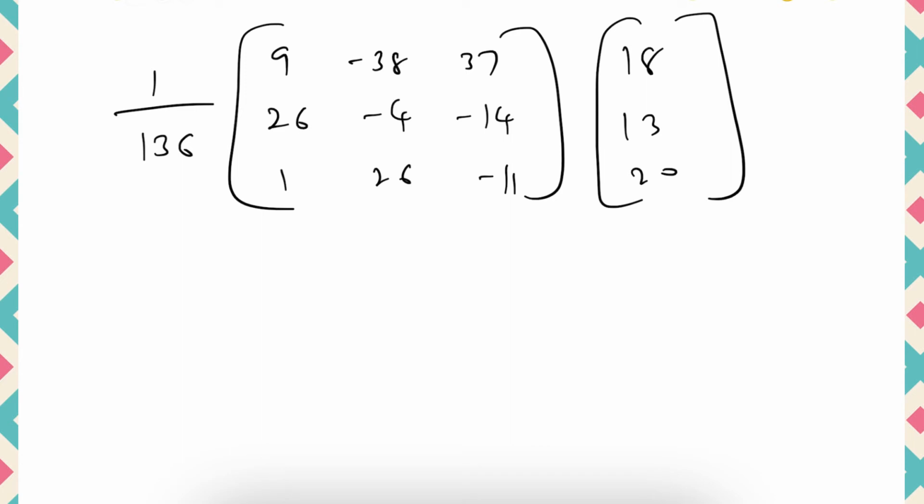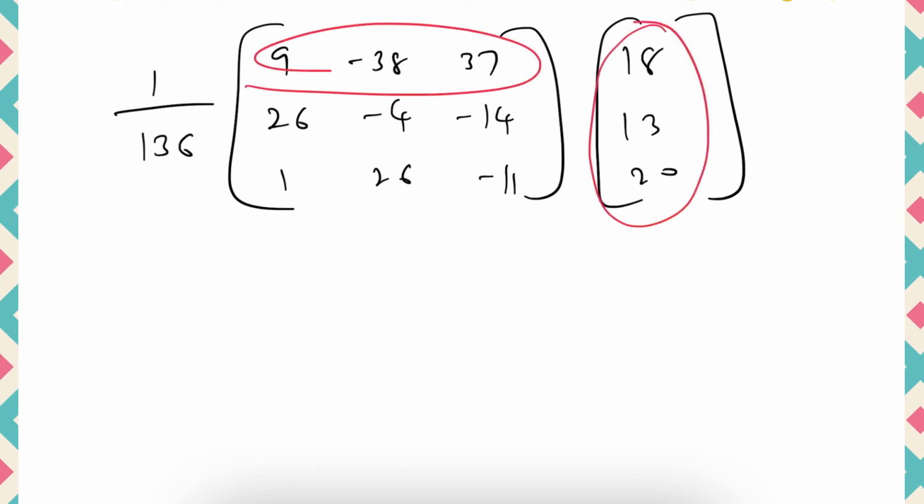Okay, so for that first row we need to multiply with this column. Then what it will become, 9 into 18, it is 162. Then minus is there, so minus 38 into 13, 494. Next plus 37 into 20, 740.